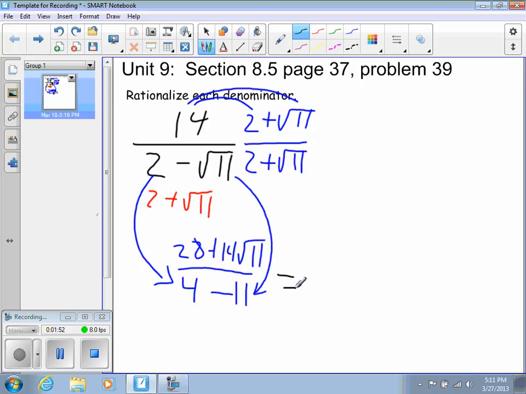If we do the subtraction on the bottom of the fraction, we're going to get negative 7. And on the top here we have 28 plus 14 times the square root of 11.